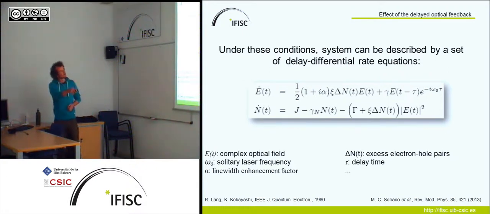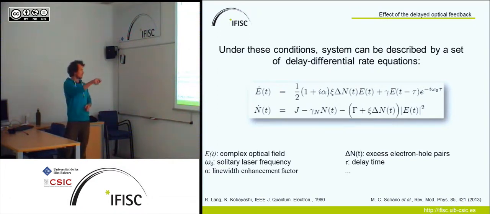On this term you have the optical feedback with the delay tau, and here you have the equation for the carrier dynamics. The electric field is a complex variable, so amplitude and a phase. The third term, interesting for me in this presentation, is the carrier inversion, so electron-hole pairs. Just down here is a short summary of these variables.